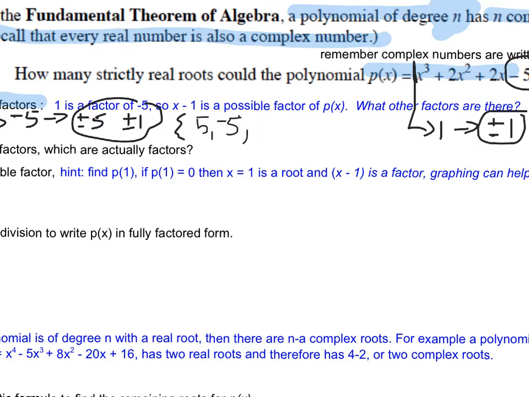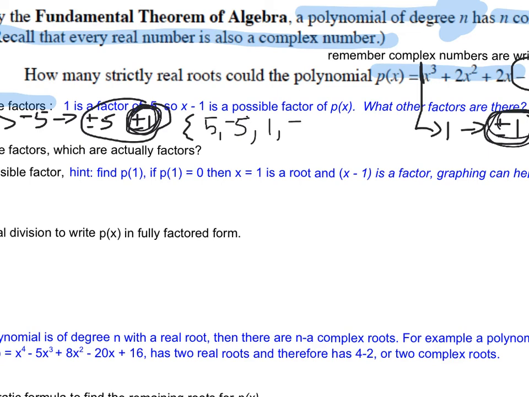Now I also have to do that with the plus or minus 1 over here divided by plus or minus 1, which is going to give me a positive 1 and a negative 1. So my possible factors for this polynomial are going to be 5, negative 5, 1, and negative 1.